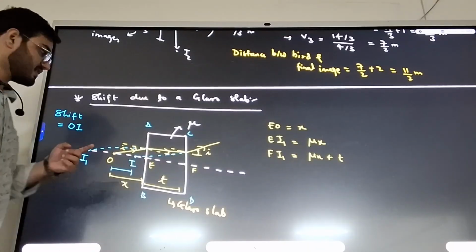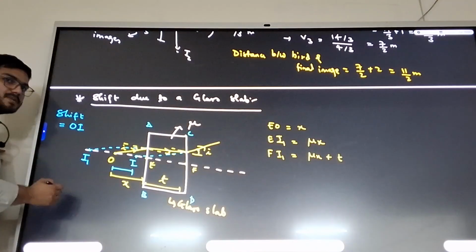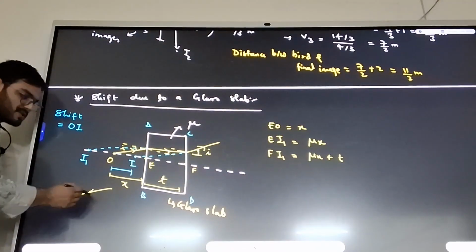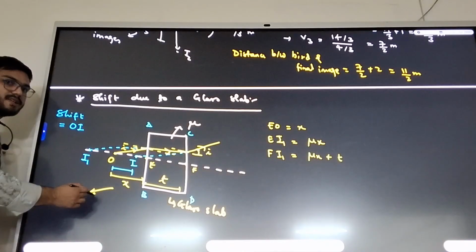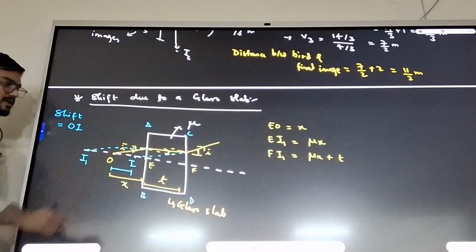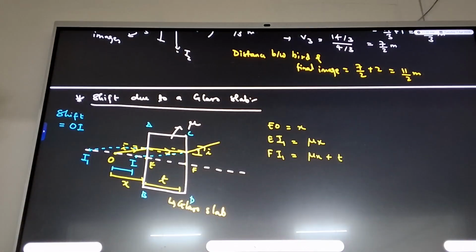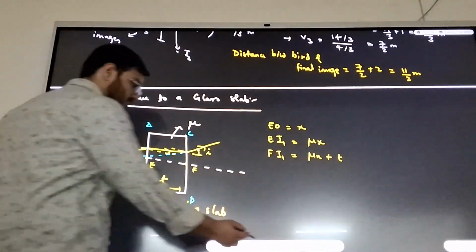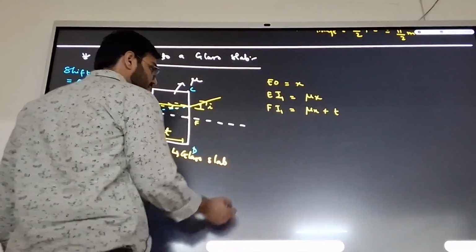She is very correct. When you have a virtual object, the rays are coming towards the object, so it's like going from denser to rarer. So you divide by mu. What should the image distance be now?